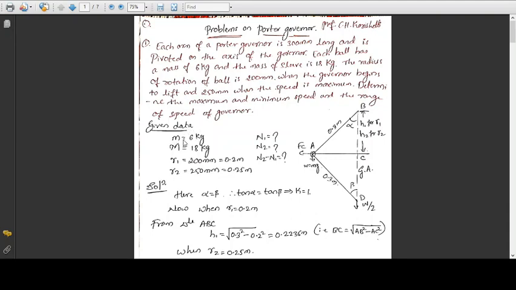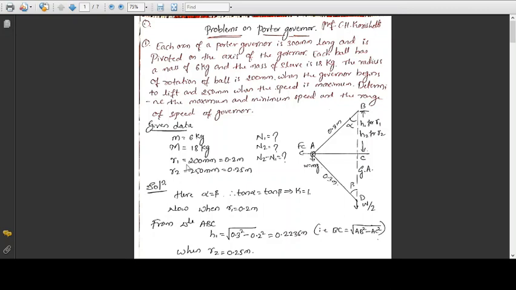Small m is the mass of the flying ball, that is m equal to 6 kg, and capital M is the mass of the sleeve, given as 18 kg.